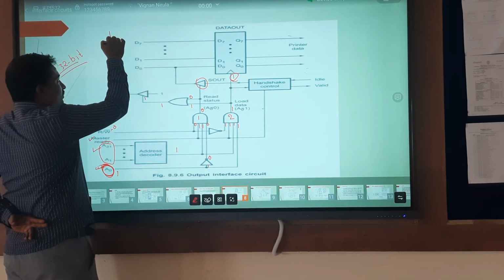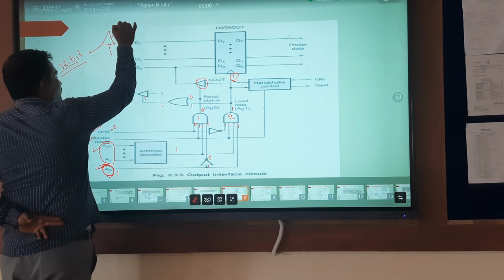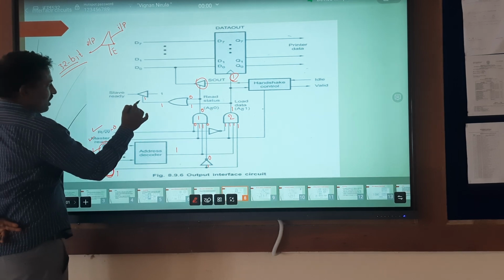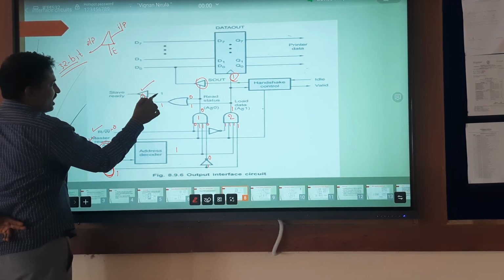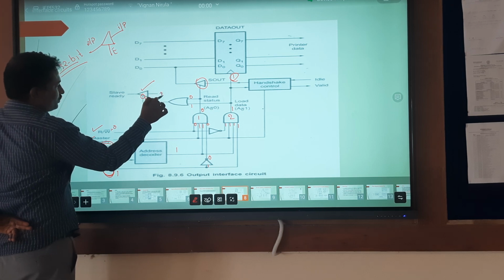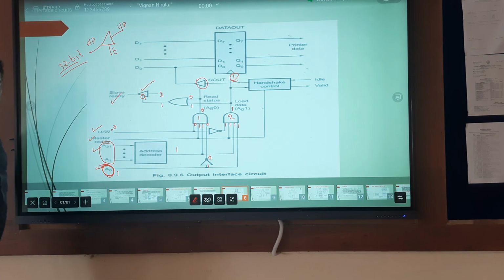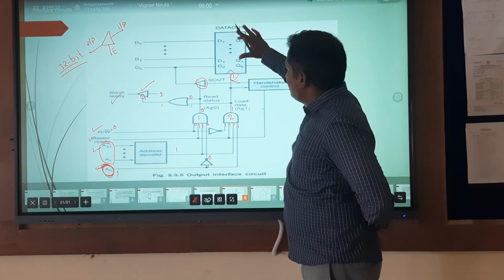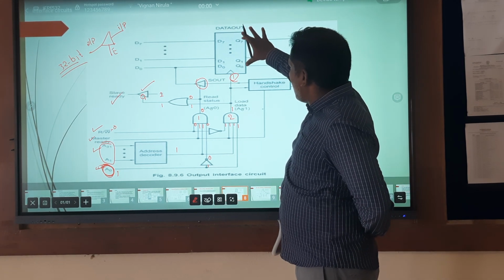We all very well know that the tri-state buffer has three terminals. One is input, the other is output, and this one is the enable signal. Now this one will be connected to here. Now this is active, and the default input to this tri-state buffer is 1, so the slave ready is activated. Now look at this. Once it is equal to 1, the data out register is operated.